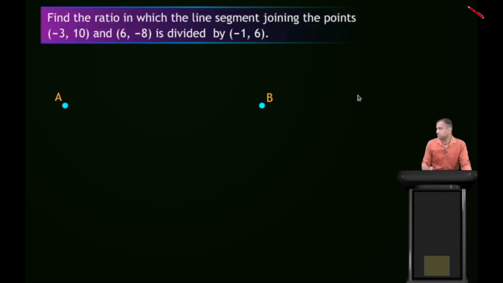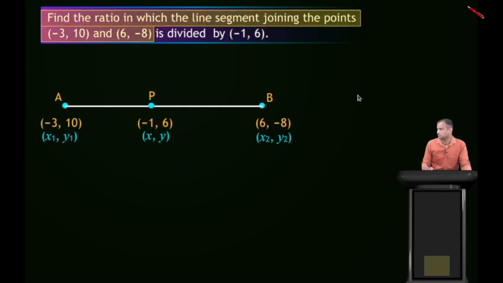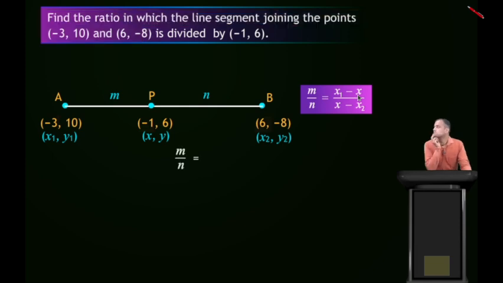So these are 2 points A, B: (minus 3, 10), then (6, minus 8). Then you have another point P (minus 1, 6). The ratio is m to n. Okay, so from here you can find the value of m upon n.